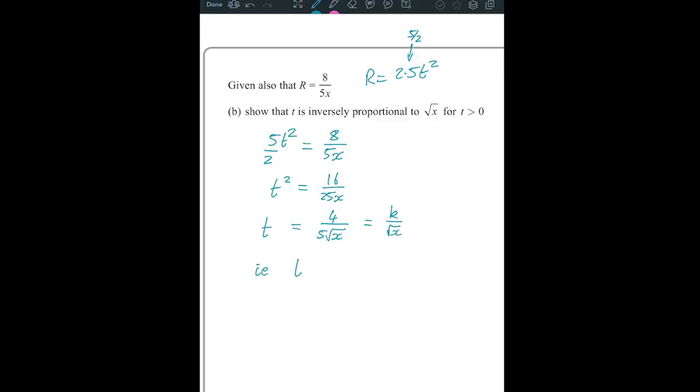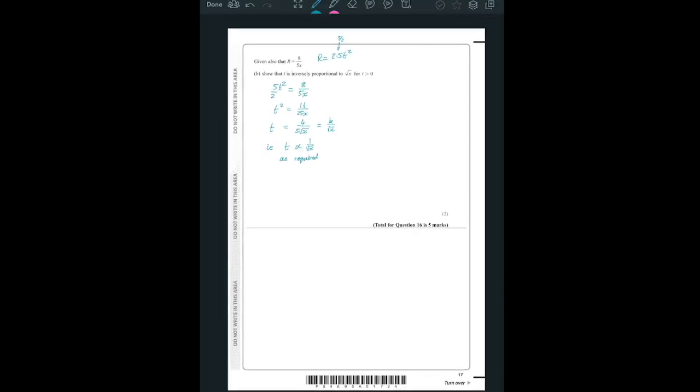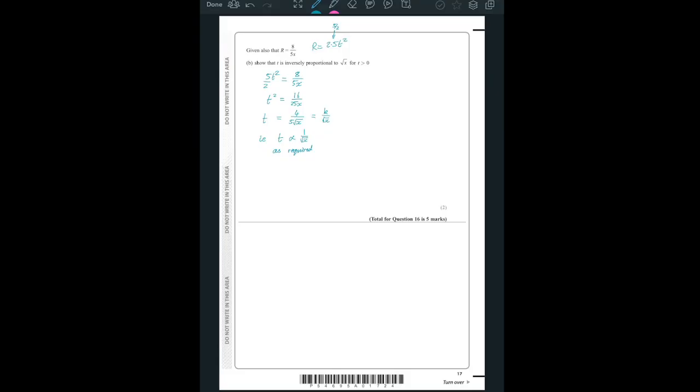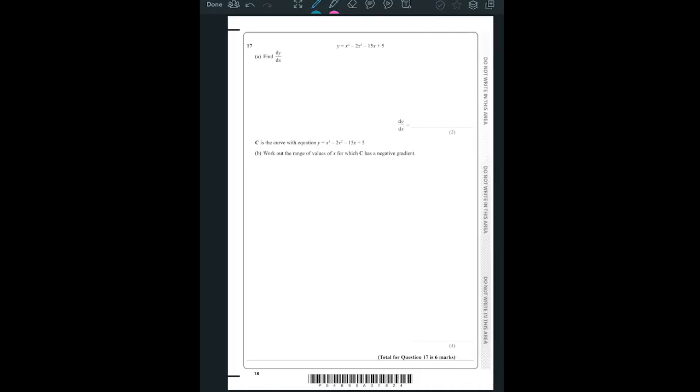So that simply means t is proportional to 1 over root x, as the question required. That whole 4 over 5 is just a number, so I've absorbed it all into the constant of proportionality. And yes, t is exactly the shape we wanted.